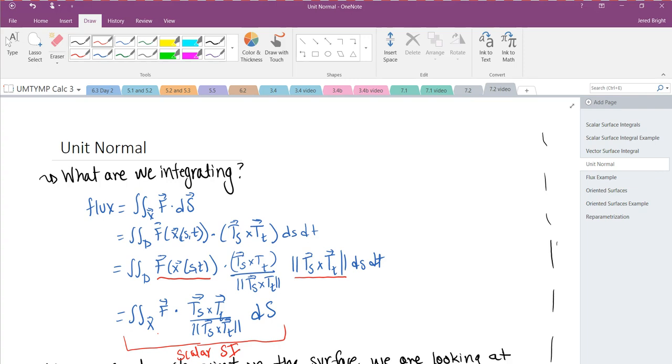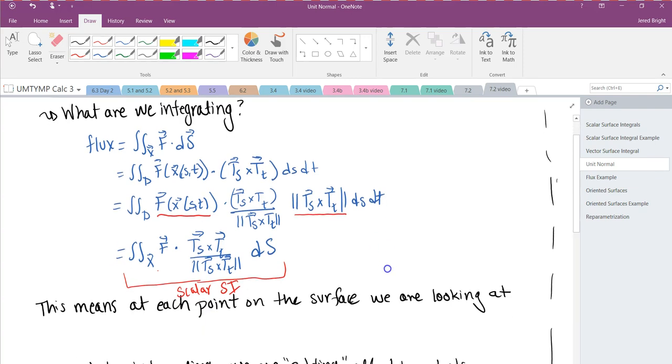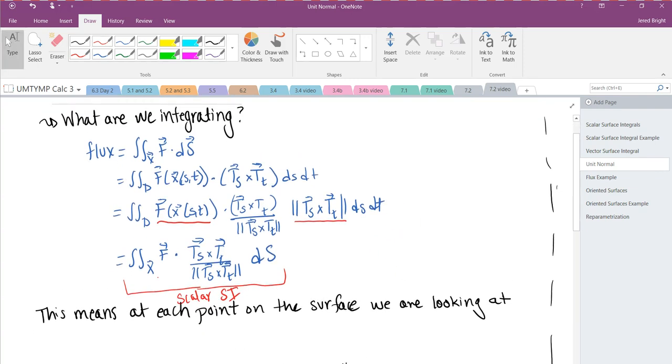Okay, and so then when we compute the scalar surface integral, really at each point on the surface, all we're looking at is the angle between our vector field F and the unit normal vector, per this dot product.